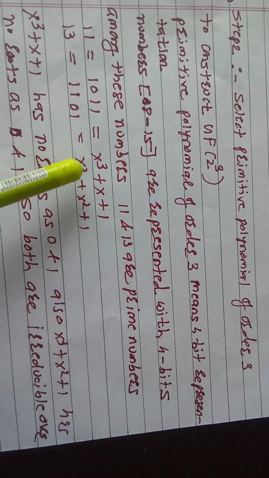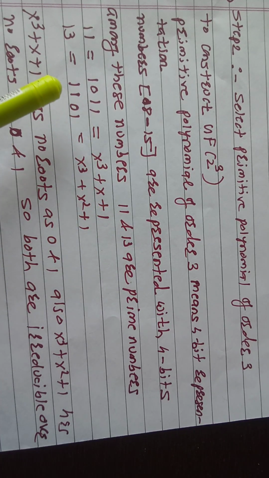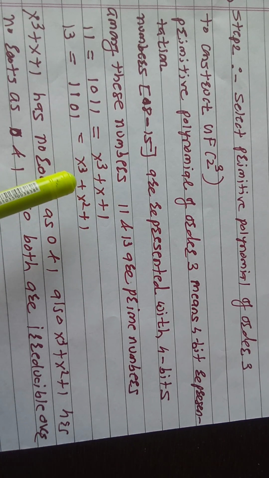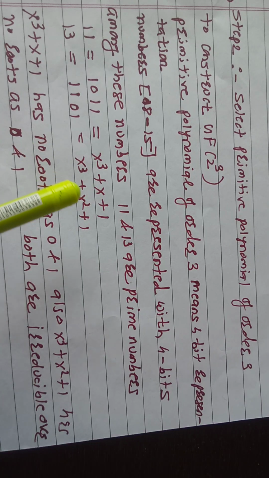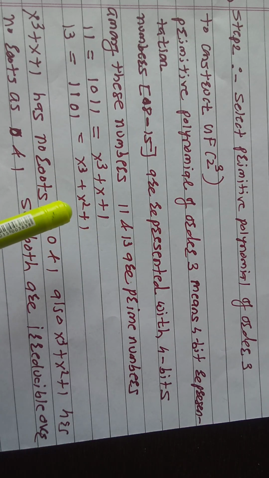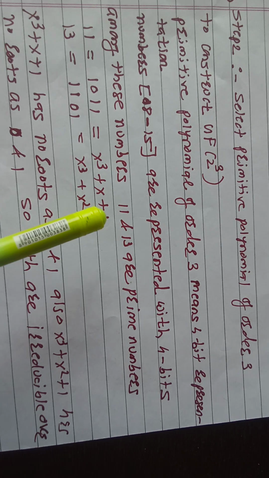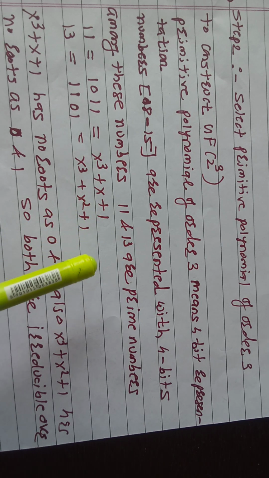After that, you have to see the polynomial form from the prime number, whether they are irreducible over Galois field 2. That means whether they have roots as 0 or 1. If they are irreducible over Galois field 2, that means they don't have the roots as 0 and 1.